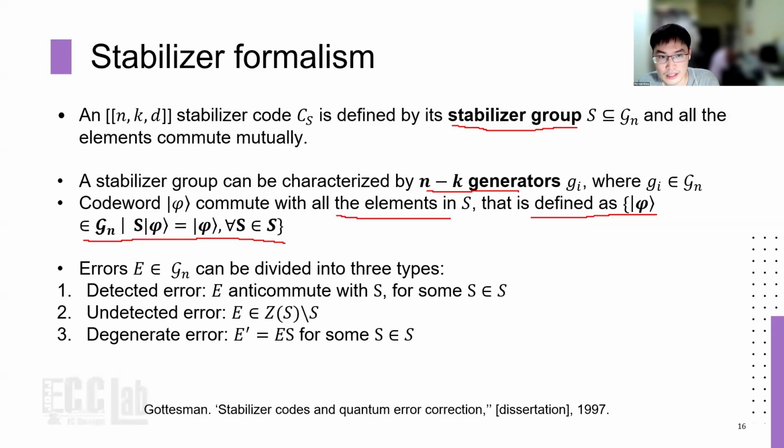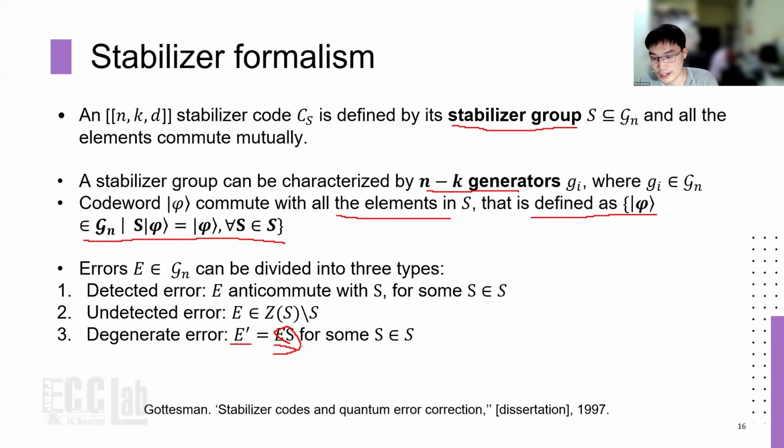There is a degenerate error, which is very unique for quantum codes. In a mathematical way, we say that a degenerate error is an error equivalent up to the stabilizer group. For these kinds of errors, we can use the same recovery to decode both E and E prime.